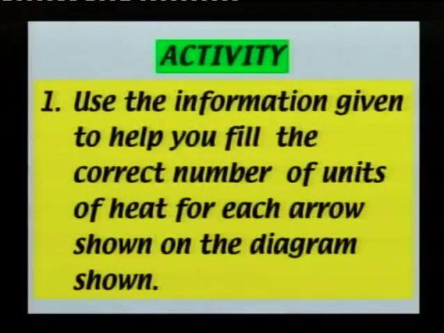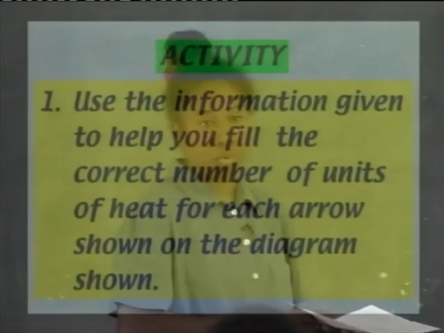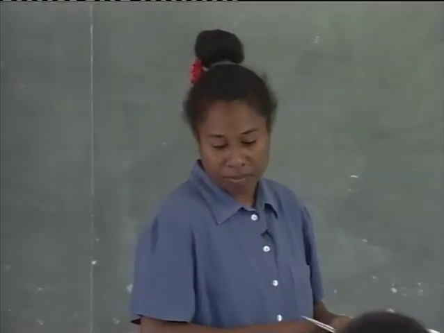From that diagram, there were squares which were left blank. Using the information provided, you were supposed to put the different units into those boxes to have a complete picture of what happens to solar radiation when it comes through the atmosphere to the surface.